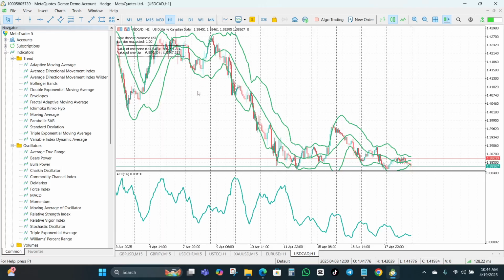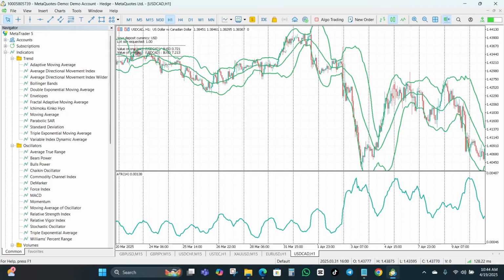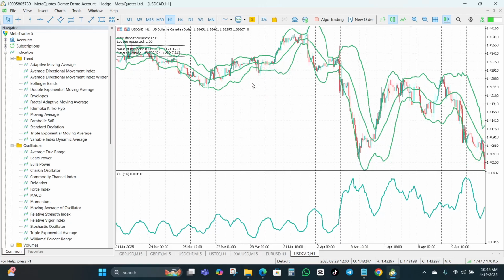Then when you have a Bollinger squeeze, like what we can see happening here, a Bollinger squeeze occurs when the bands get tight. When the bands get tight, it often signals that a big move is coming. Bollinger bands are perfect for breakout and reversal traders.